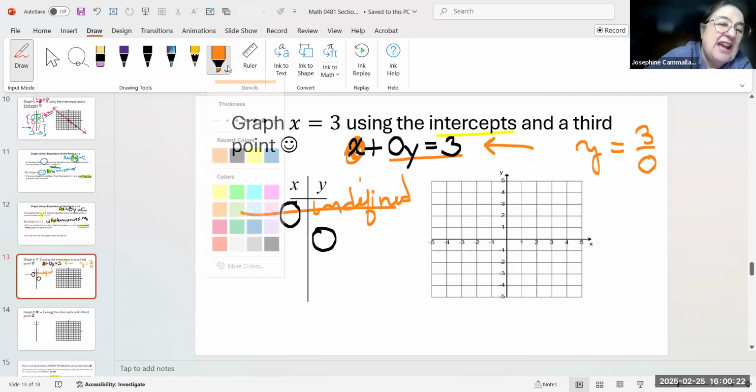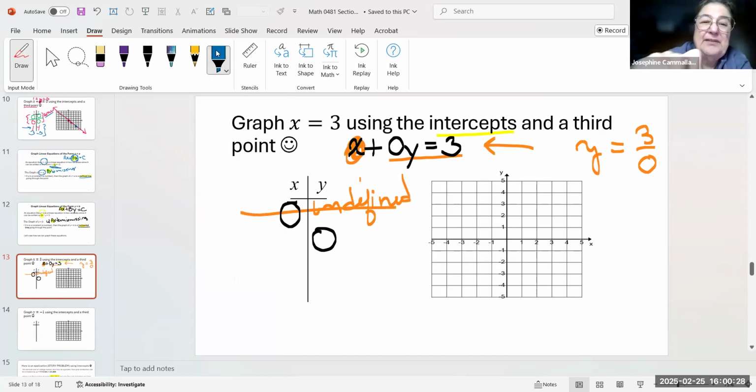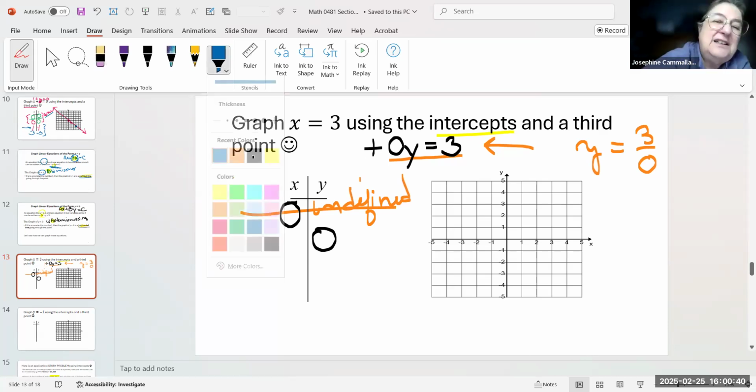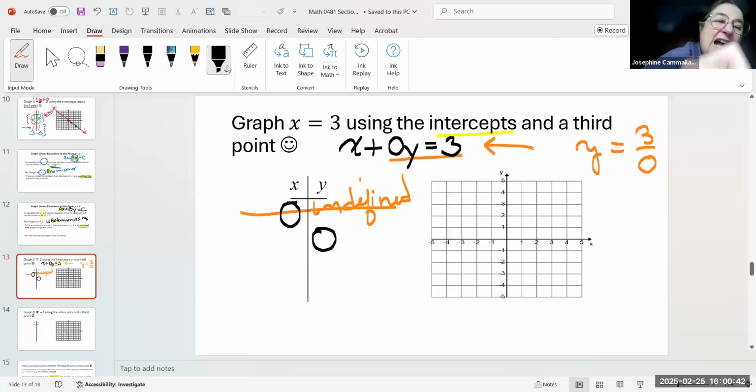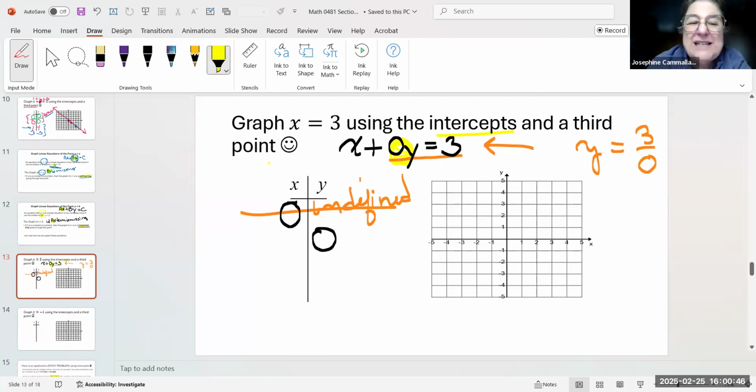But if I give a value for x, let's just say I give a value for y. Notice right here, instead of this value, I'm going to make this 0. Well, it's already missing, which means that this is 3, 0.